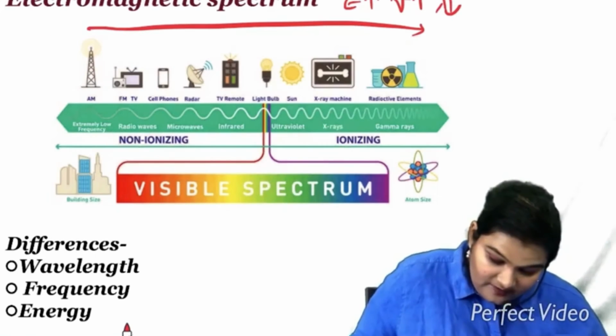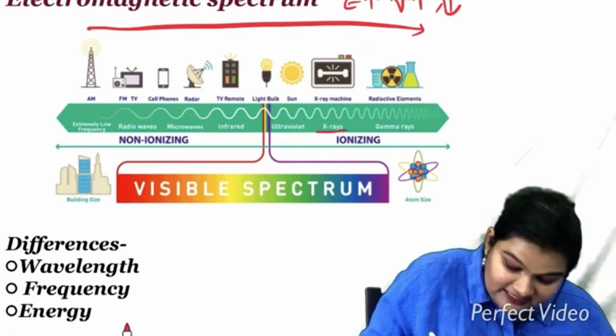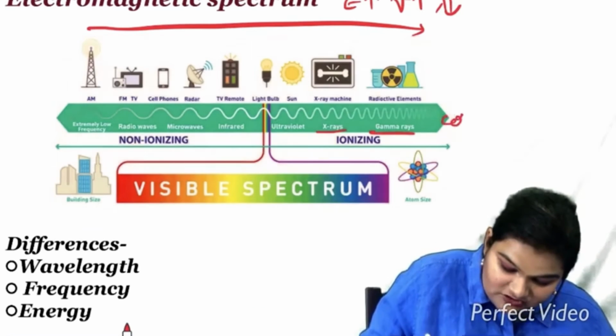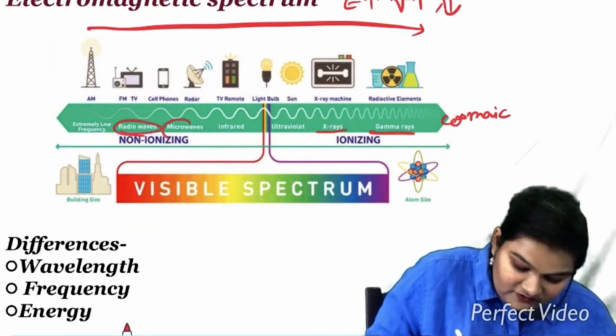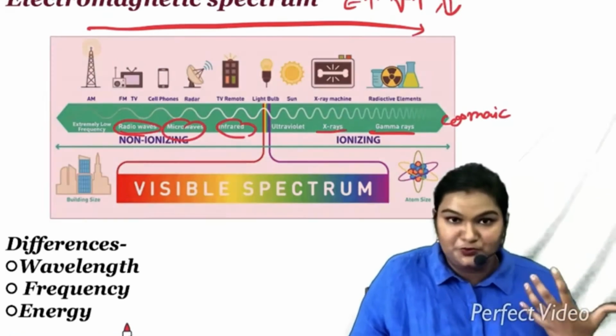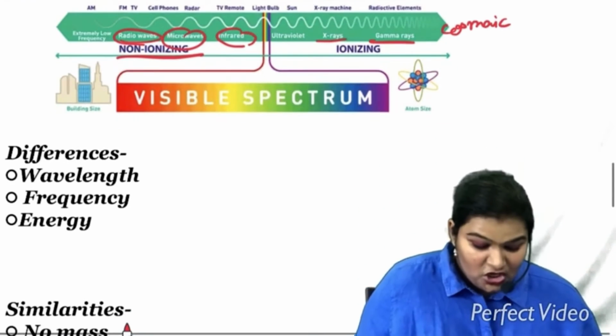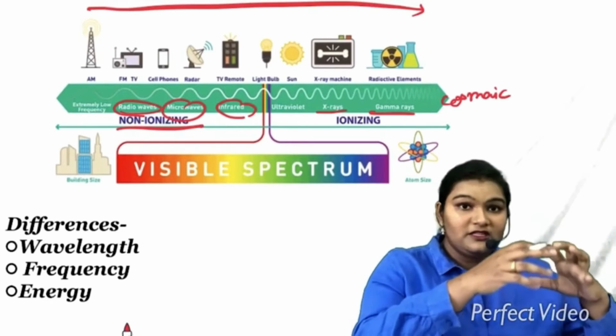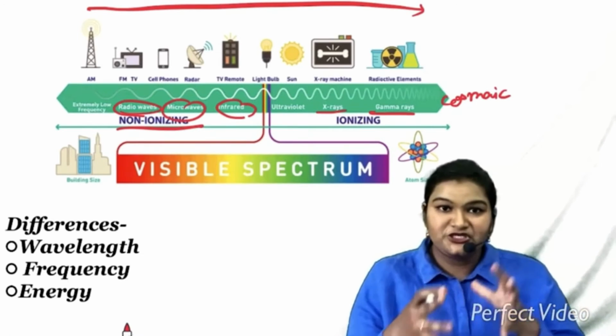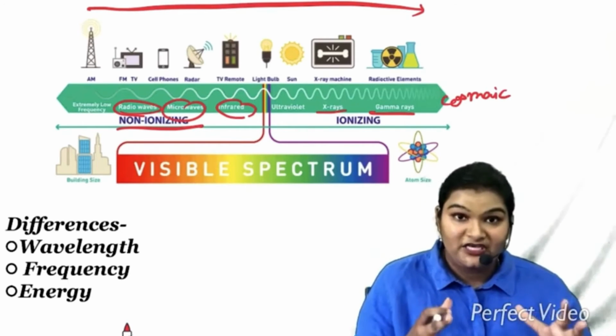You are able to appreciate these are X-rays, gamma rays, then we have cosmic rays, right? And here we have radio waves, microwaves, infrareds, UV. So these are the non-ionizing radiation. All the ionizing and non-ionizing radiation are part of the electromagnetic spectrum.